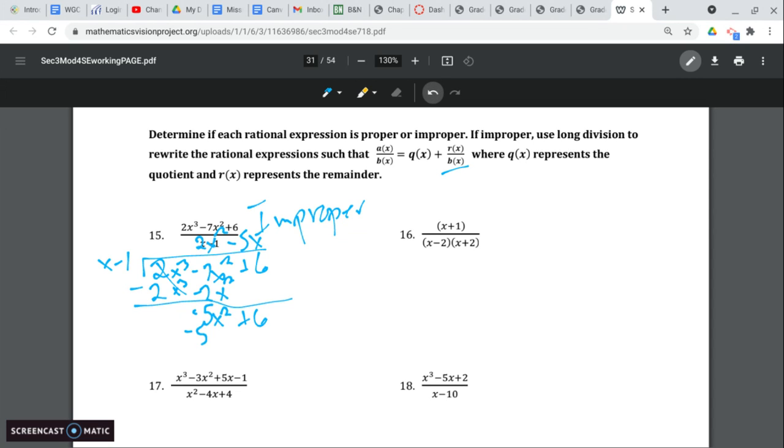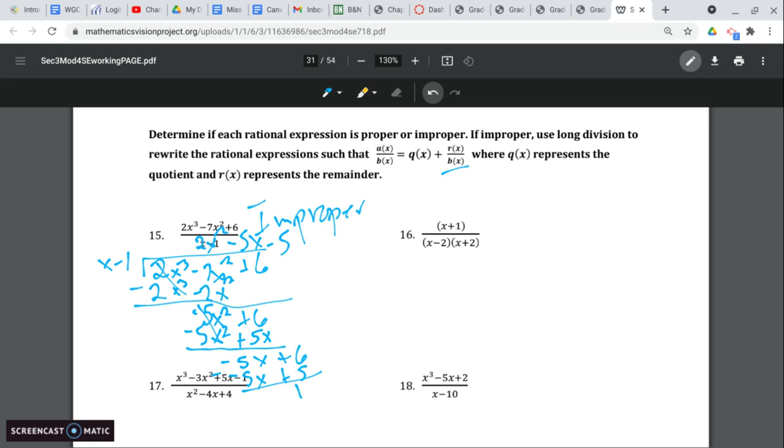So we have negative 5x squared plus 5x. Then this cancels. Now we have negative 5x plus 6. So what do we multiply x by to get to negative 5x? Well, that would be a negative 5. So we have negative 5x plus 5, which will leave us with 1 left over.